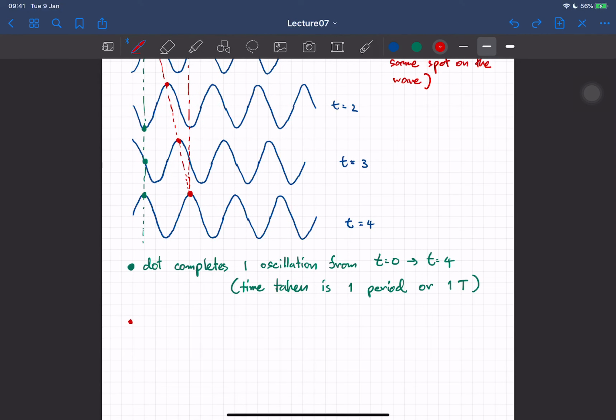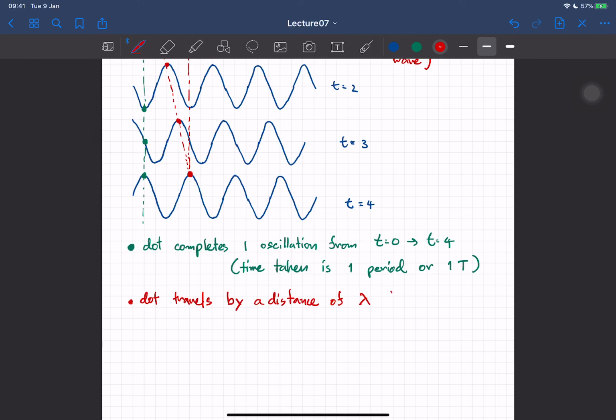So I'm going to write red dot here. So the red dot travels by a distance of lambda, from t equal to 0 to t equal to T.